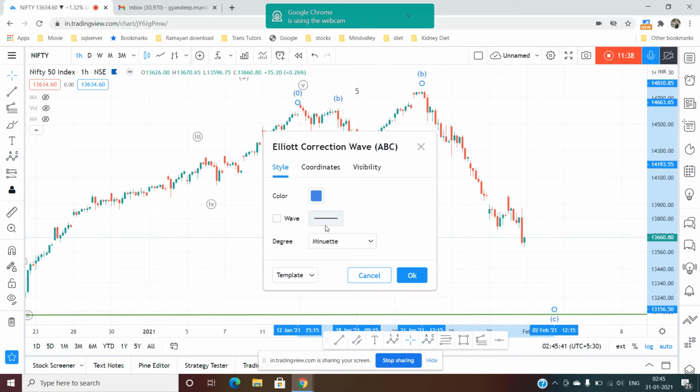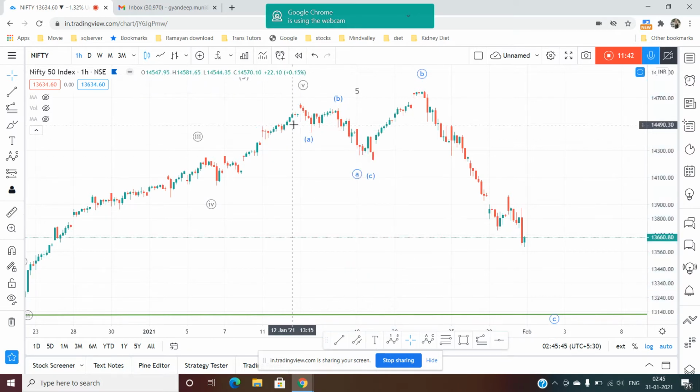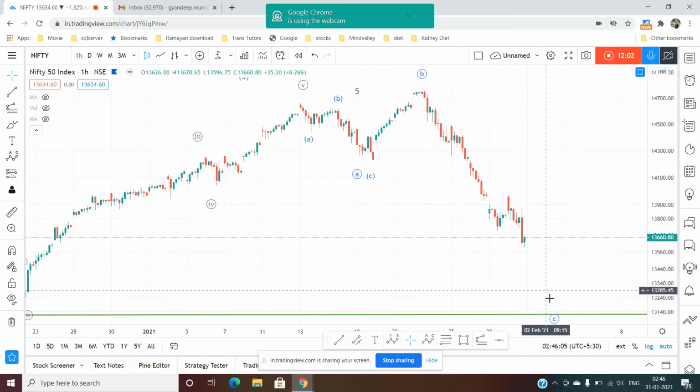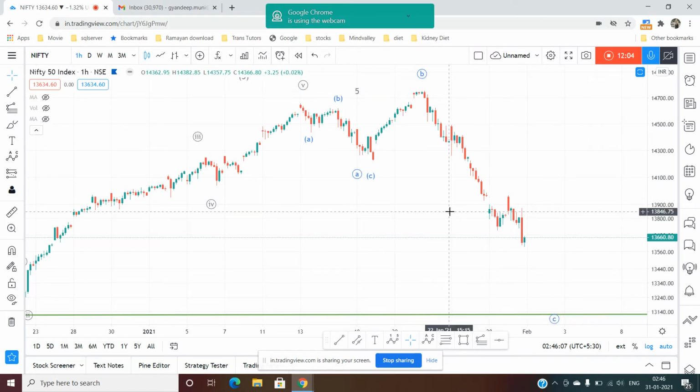This is a higher degree corrective. So this is defined as A, B, C, whereas this A wave is divided into A, B, C. So we can say this is an irregular corrective wave here.